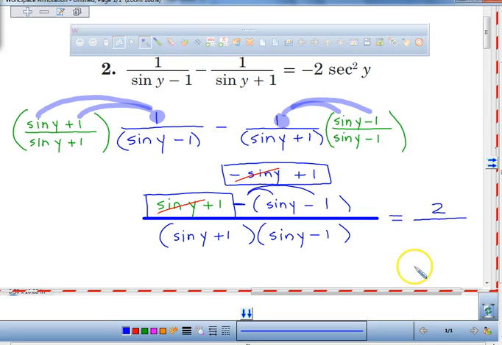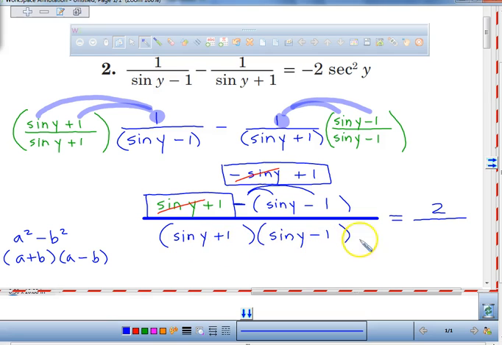All right. Now, we're going to look at something called the difference of squares. Now, the difference of squares is this concept. If you ever see a squared minus b squared, that always factors to a plus b and a minus b. Okay? Now, it's kind of hard to see it. These are actually what's called a difference of squares.